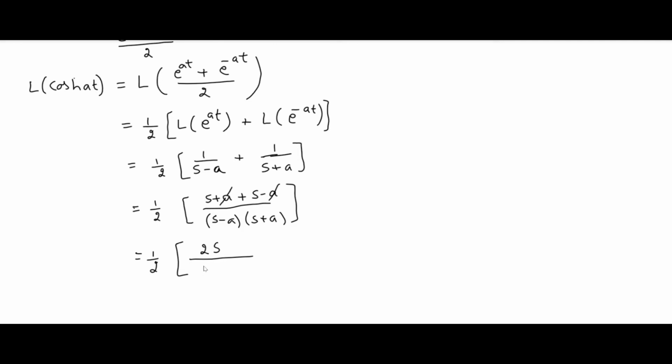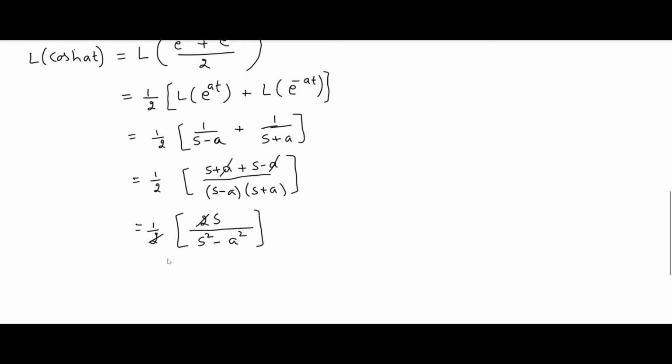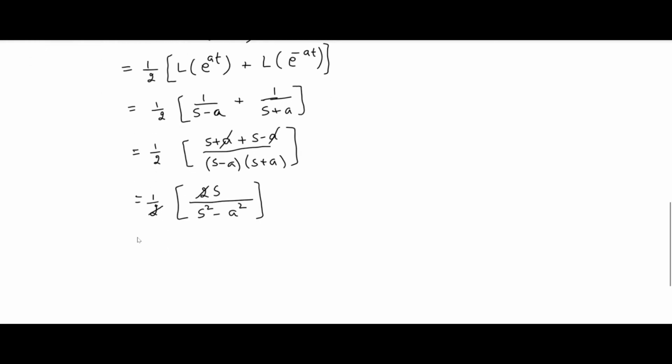So therefore you can write it as s square minus a square. You can cancel out the 2 in the numerator and 2 in the denominator. So we'll be left with s by s square minus a square. Hence we got the Laplace transform of cosh at to be equal to s by s square minus a square.